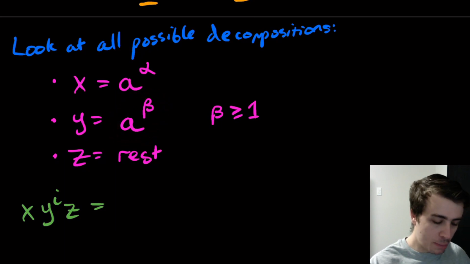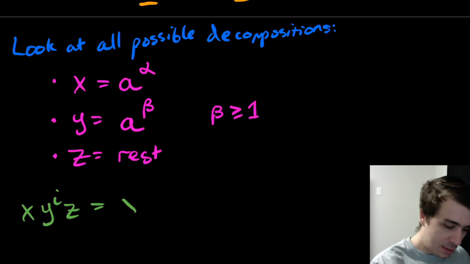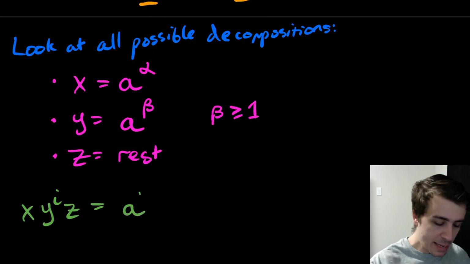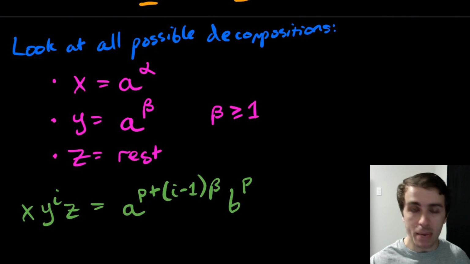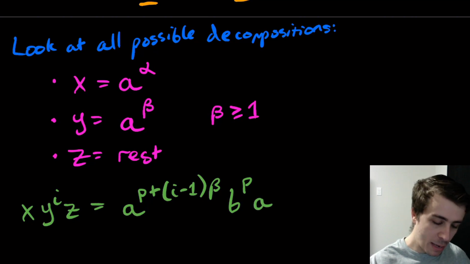I'm not going to do the math, but effectively we'll have some number of a's, which is p plus (i minus 1) times beta. And then we still have the run of p b's right there. Then we have all the rest here.